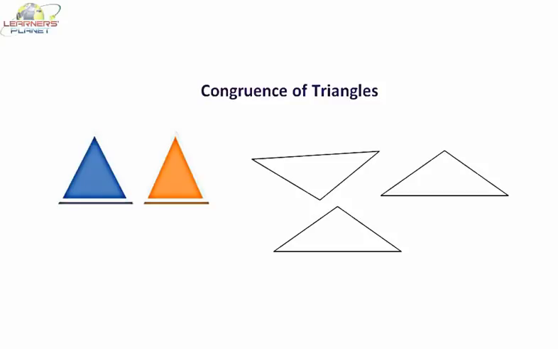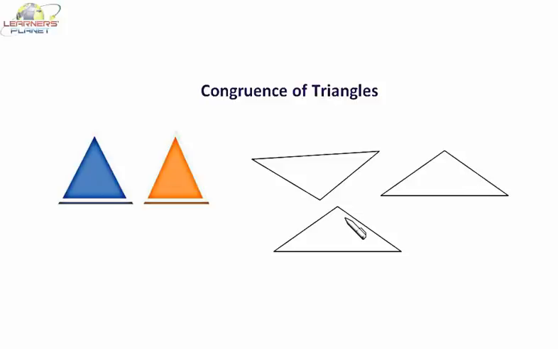Now let's discuss congruence of triangles. Friends, we have just seen that a geometrical figure is congruent to another geometrical figure if one of them can be exactly superposed on the other. Now here we see different types of triangles. Here these two triangles and these three triangles.